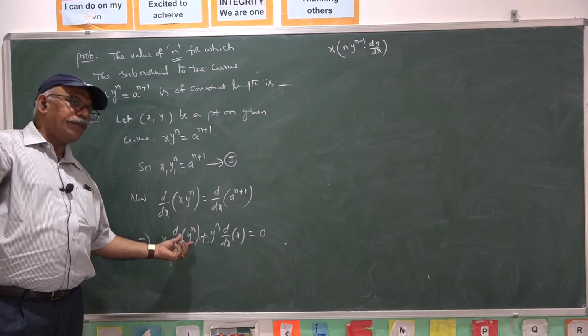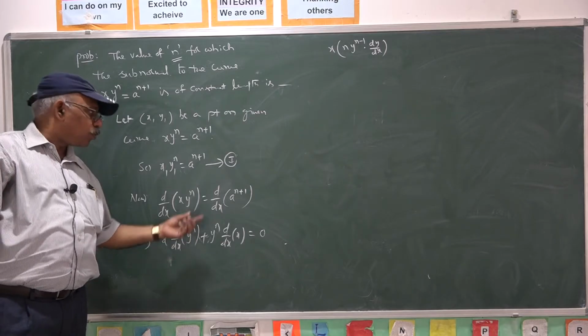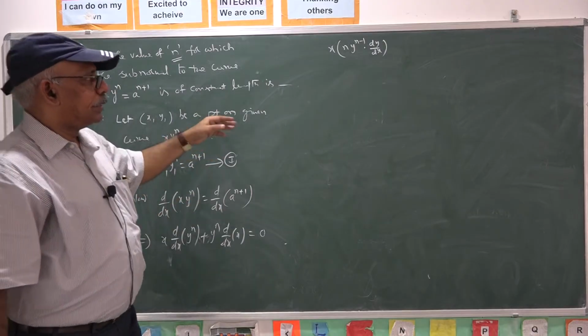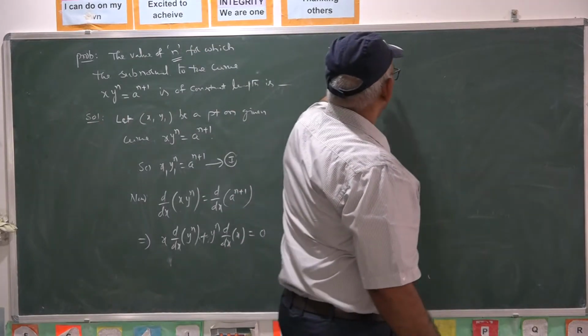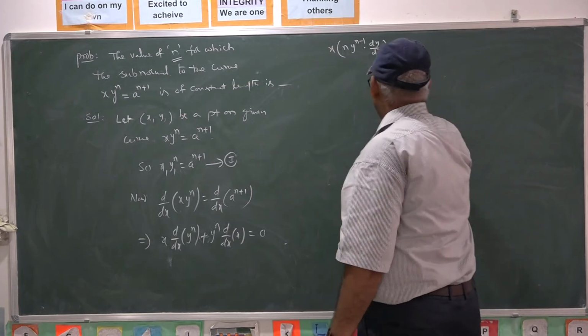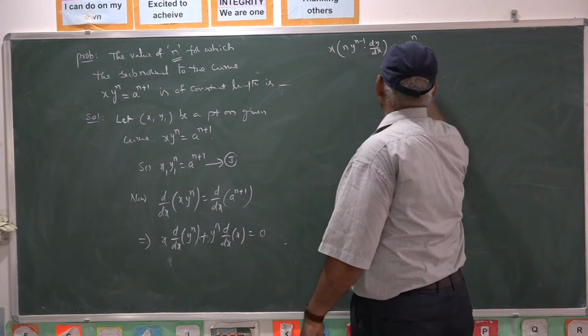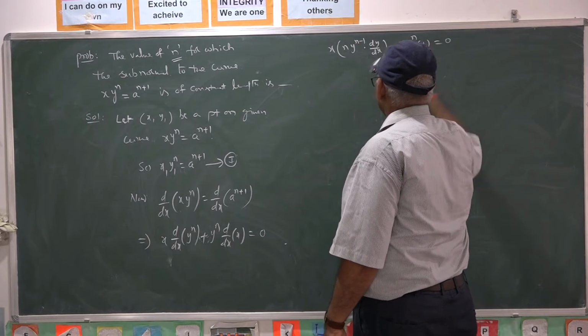So, initially find the derivative with respect to y of y power n, and then the derivative of y with respect to x follows. Similarly, plus y power n into the derivative of x with respect to x, which is 1 itself, equal to 0.